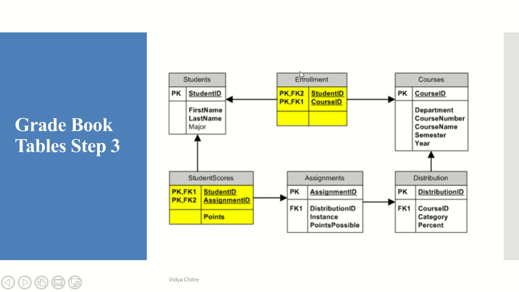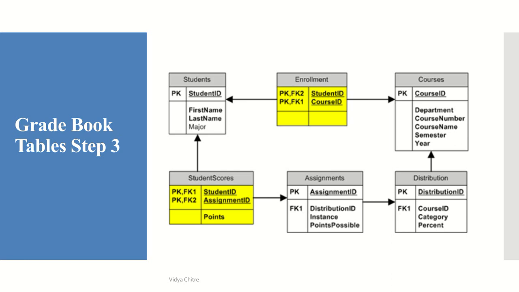One is between students and courses, and one between students and assignment. So there are two relations, which are nothing but enrollment and the student scores. So the former requires no additional attributes, and the latter requires an additional attribute to store the points. So that points will be considered in the given table below.